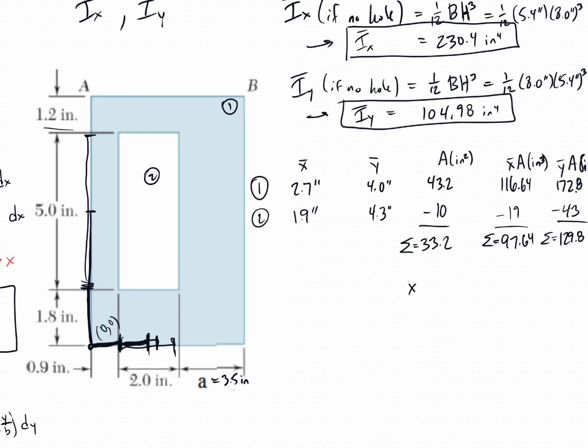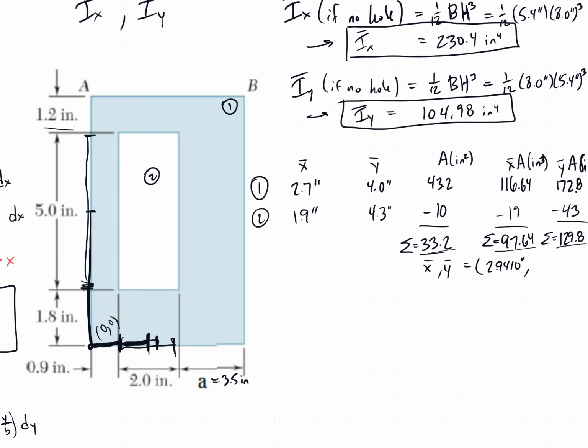Right, so then x bar, well, let's go ahead and get the whole thing. Let's label the whole thing here. So x bar comma y bar equals, we're going to take this one and divide by that. We'll take this one and divide by that. Okay, and so we'll get 97.64 divided by 33.2, and we get 2.9410 inches.